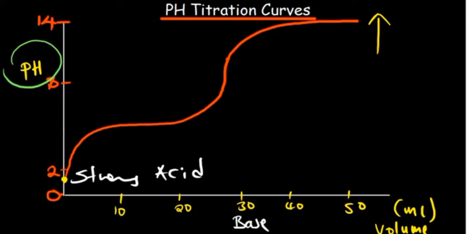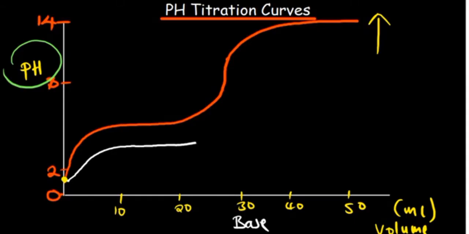Let me try to show two different curves where we are starting with an acid. The other possibility that we can have is probably something that may come out like this, and then it ends slightly somewhere there, slightly after 7. So what comments are we able to make?